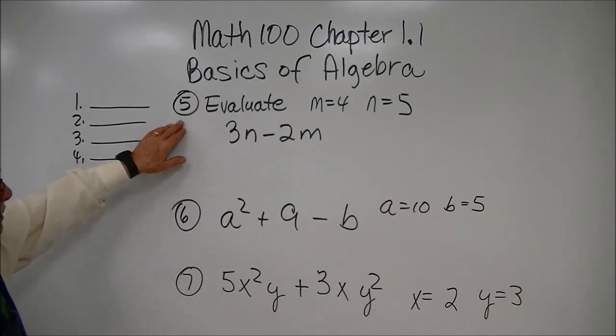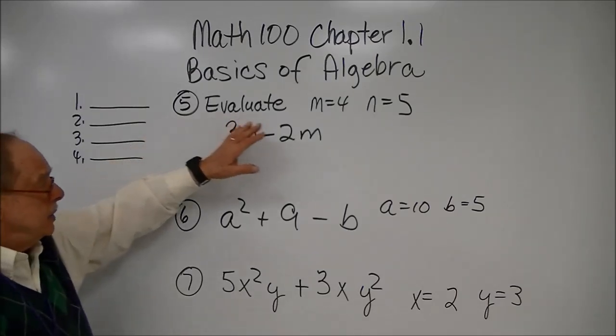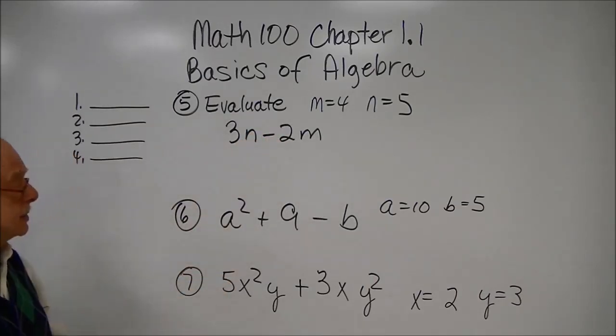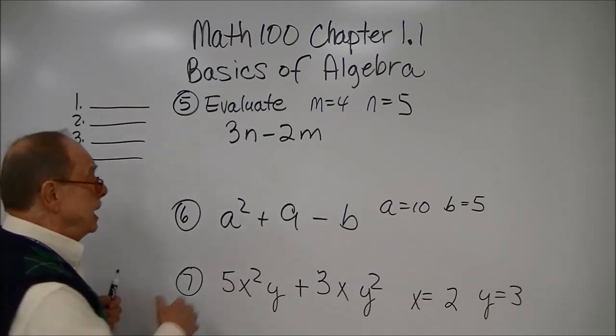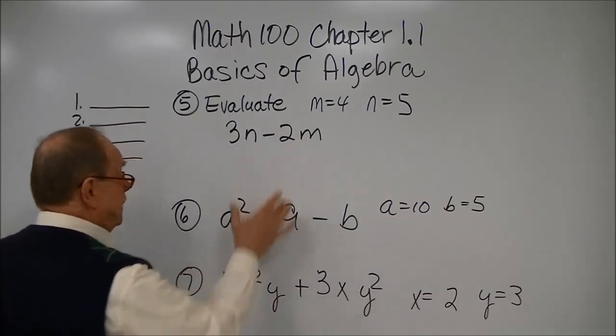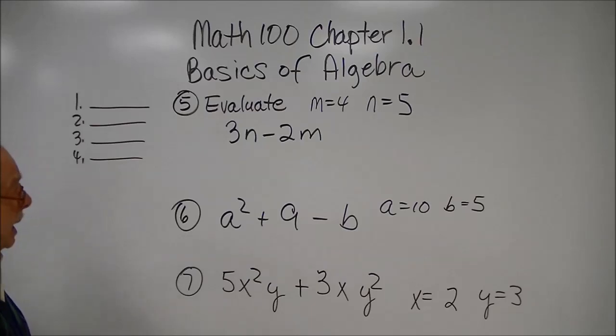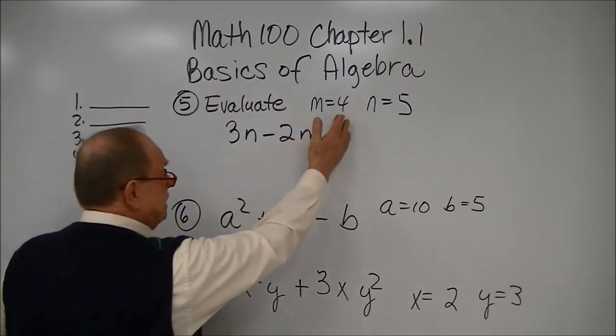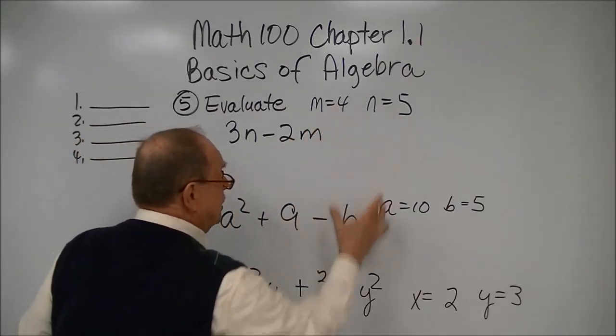So we'll jump into example 5, where the general process of what we're doing is substitution, where we take a letter that we find in algebra and replace it with a number value.